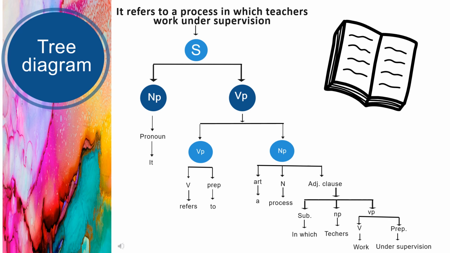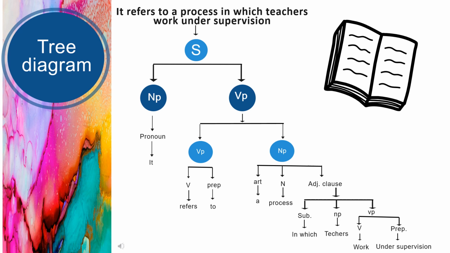From the arrow of the verb phrase, we have to write down another arrow. VP consists of verb, which is refers, then another arrow, which is the preposition to. From the verb phrase here, we're going to write down another arrow, the noun phrase, starting from the article a, then the noun process.